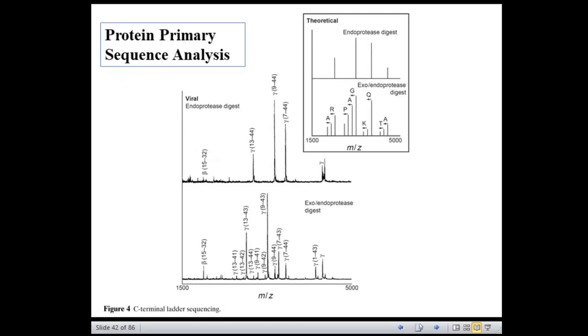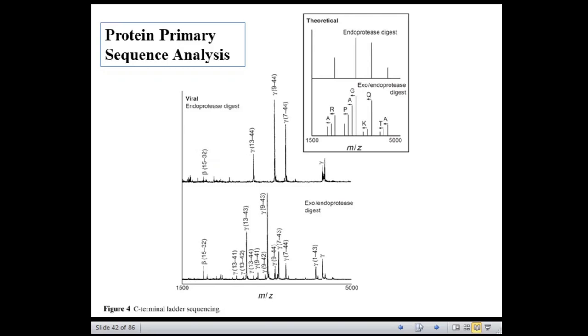So endoprotease cleaves internal residues. You can carefully observe the figure wherein the endoprotease digest is compared with exo and endoprotease digest. The spectra within the box gives you an idea about the theoretical approach of an endoprotease and the exoprotease as well as endoprotease digest.